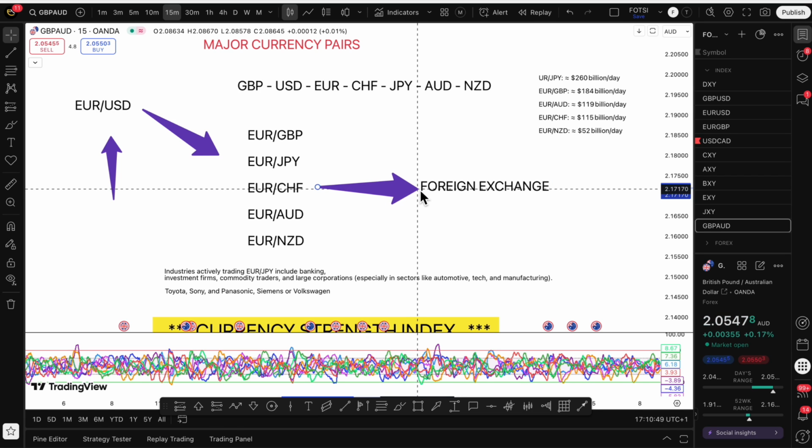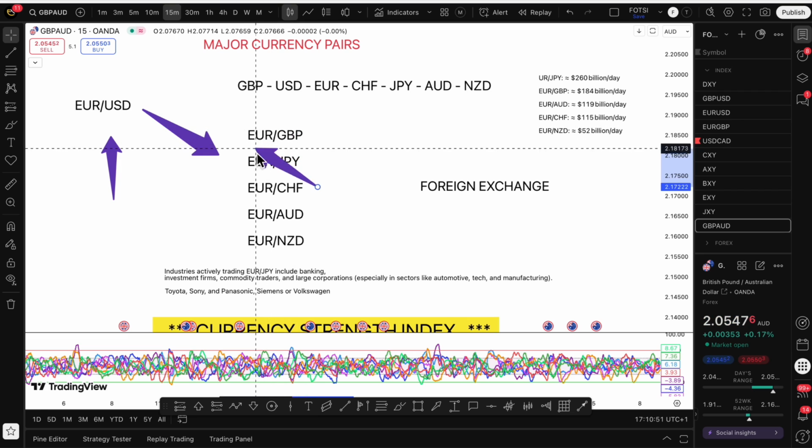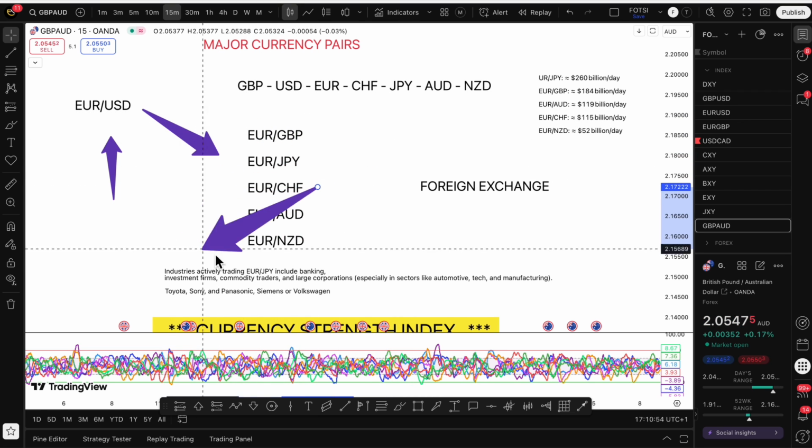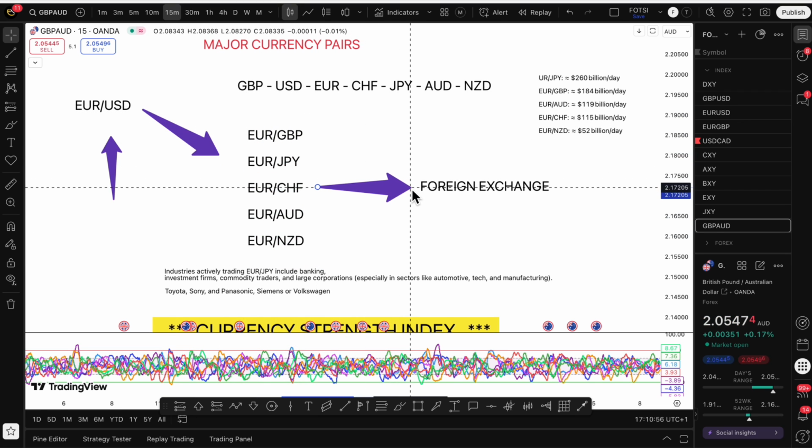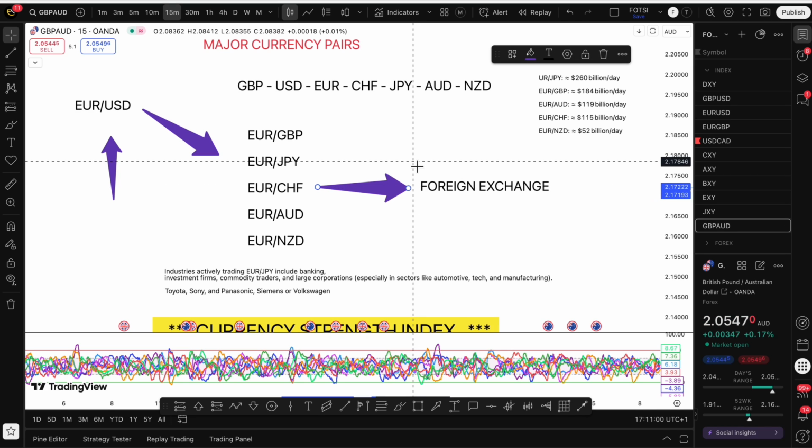It's called foreign exchange for a reason. All the foreign countries are constantly exchanging money, and it does not care about support, resistance, order blocks, fair value gaps. Yes, these are all things that print as a byproduct of the economies doing business together.